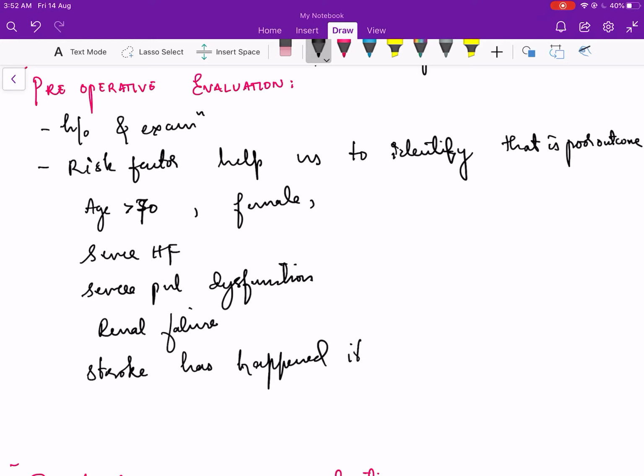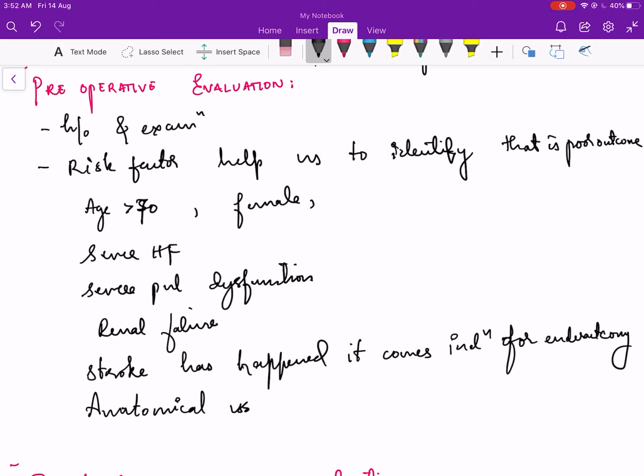and this becomes an indication for endarterectomy. Prior anatomical issues also have to be considered. If the patient has these risk factors, there is increased risk of complication and failure.